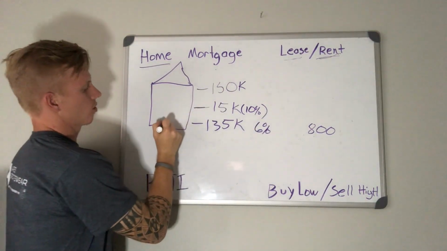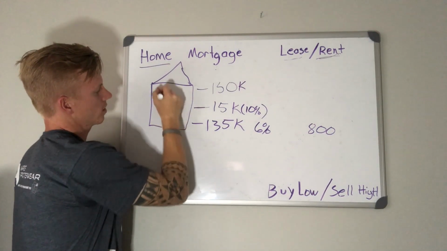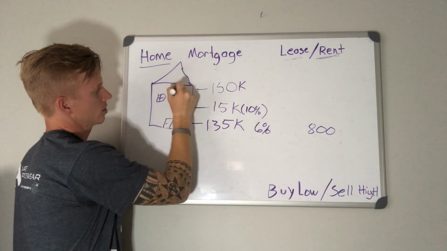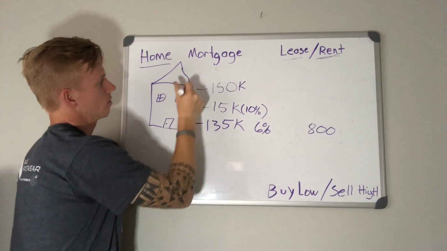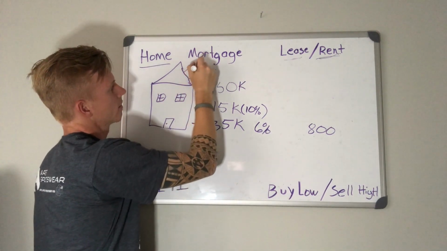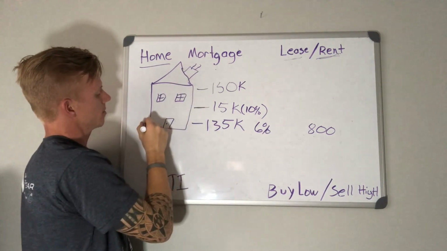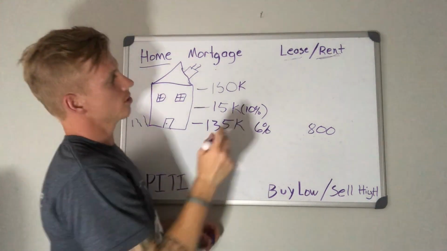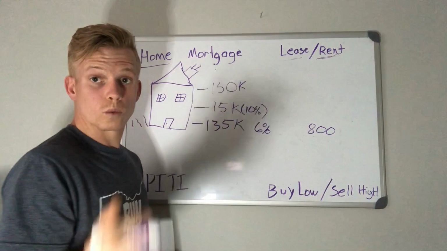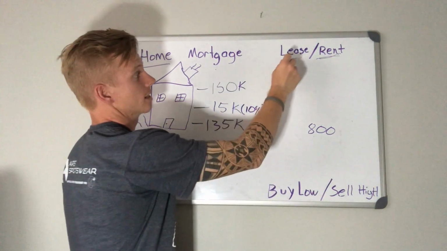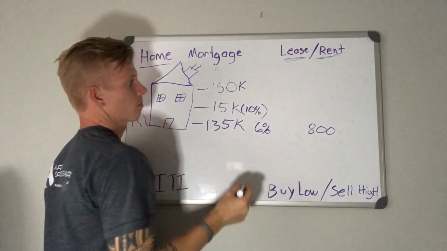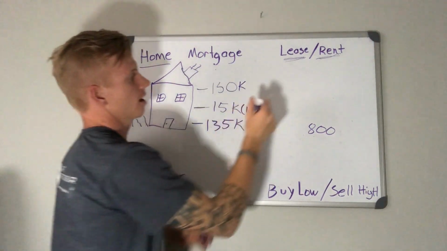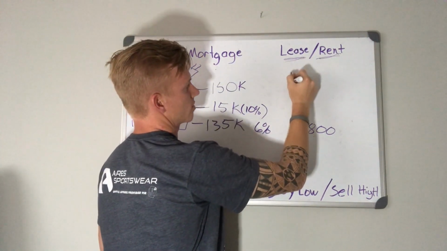So with your home with a nice little door and some windows, we'll throw a chimney up there, maybe some nice little landscaping, I don't know, but you decide that you would like to rent or lease it. So what you're going to do from here is ask for $1,000.